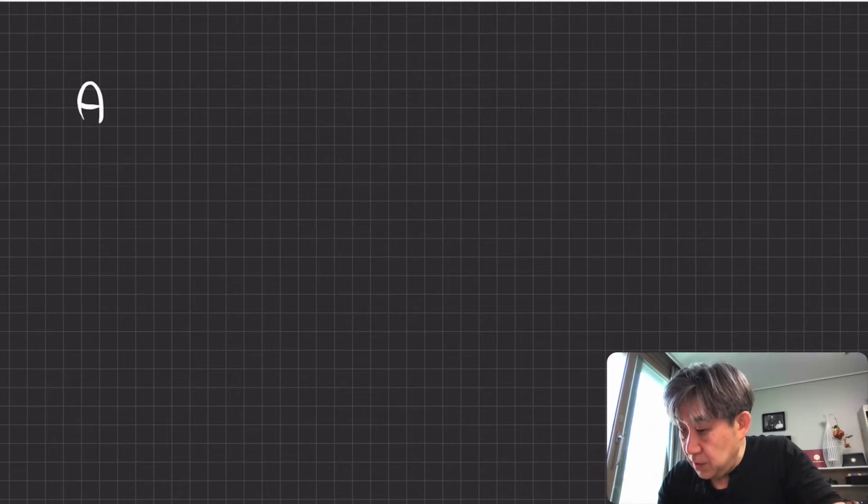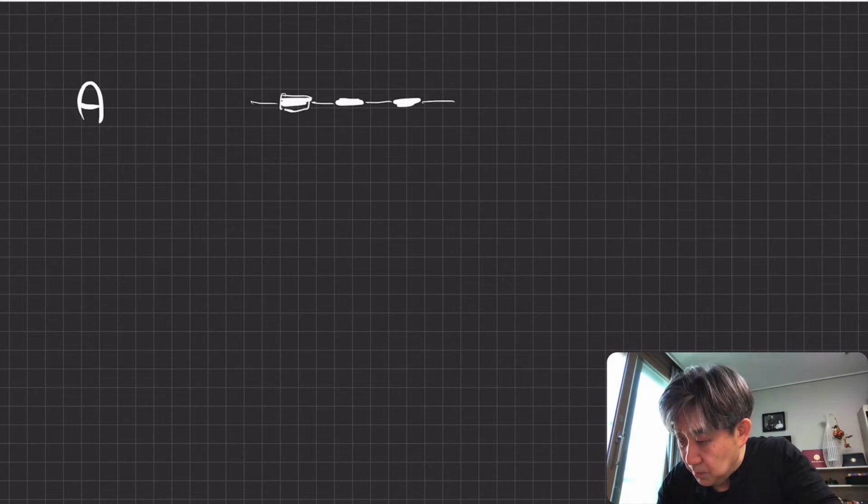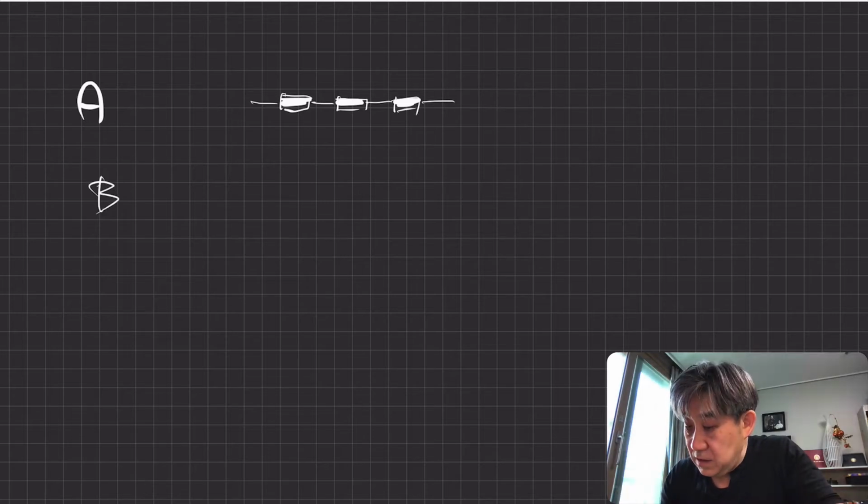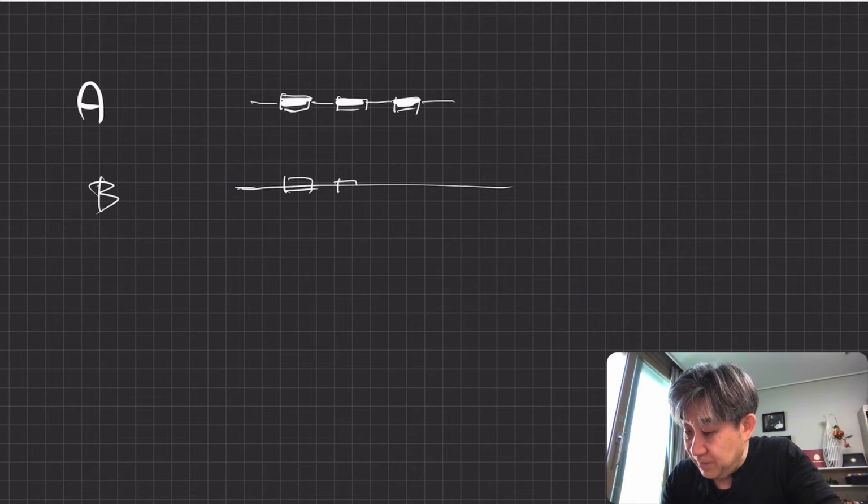In one individual, you have 3 repeats like this. These repeats are in boxes like this. And in another individual, you have 5 repeats.